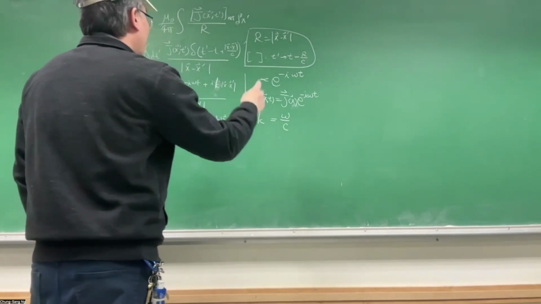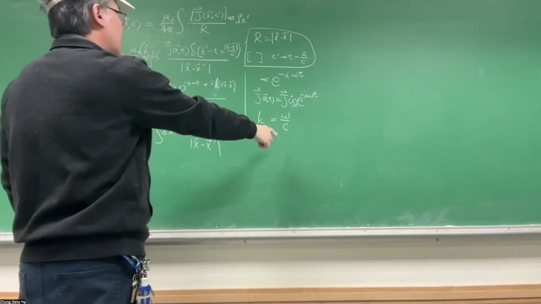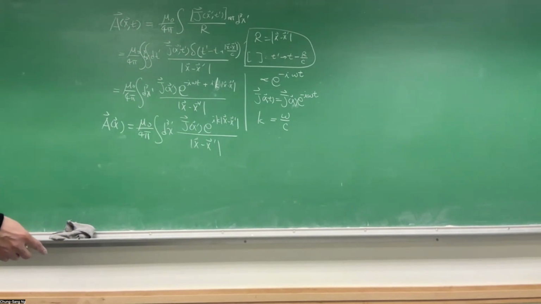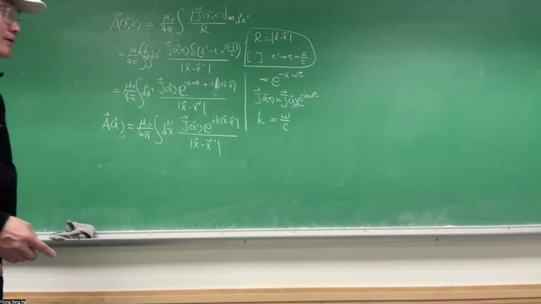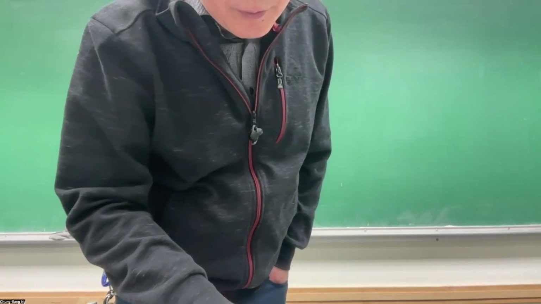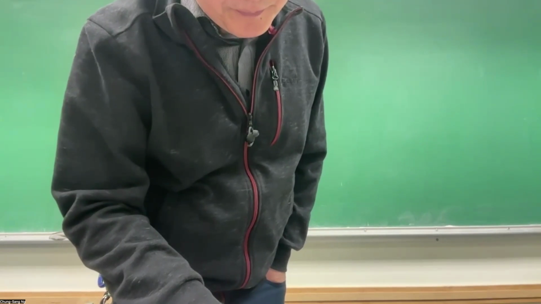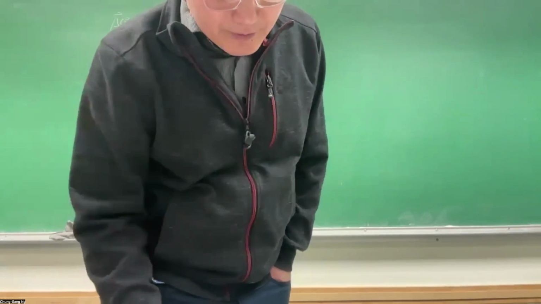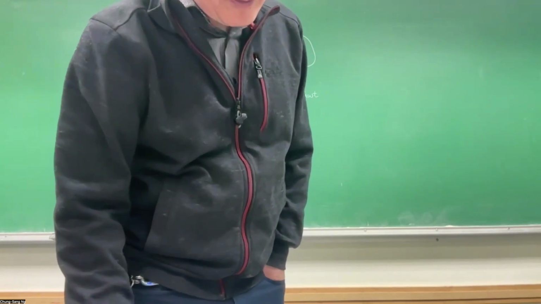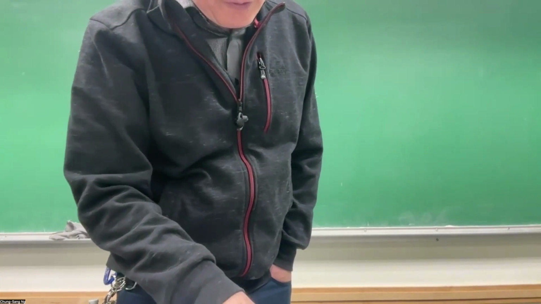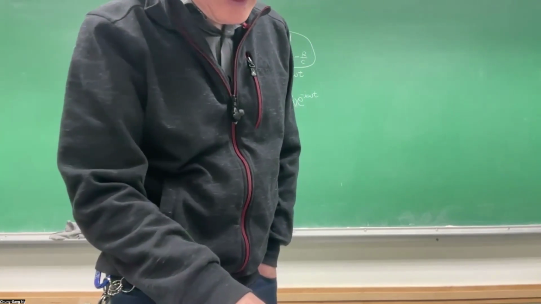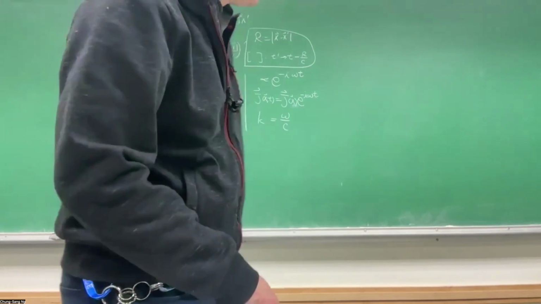Basically, the oscillating current density just adds this exponential function. Okay, so that is 9.3. And then once you have A, you can calculate B, and once you have B, you calculate E using 9.4 and 9.5, which we did before, just like the wave problem.